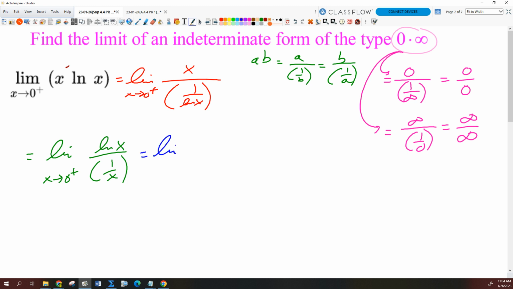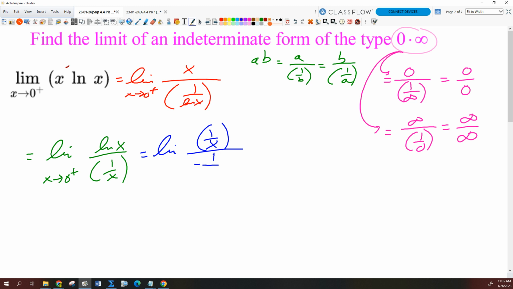What am I going to get on top? 1 over x, yeah, the derivative of log x is 1 over x. What's the derivative of 1 over x? Okay, a derivative of x to the negative 1 would be negative x to the negative 2, right?